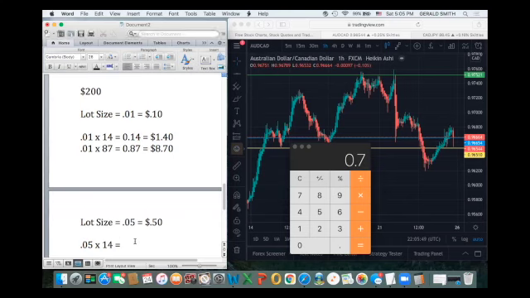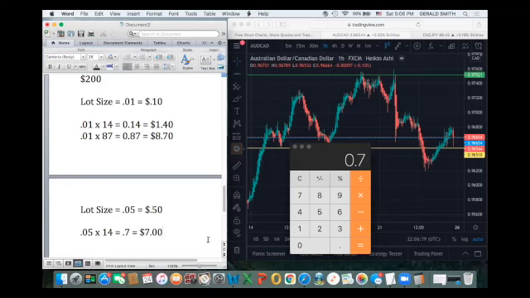That's 0.7, which will equal, moving the decimal point to the right, you'll be risking $7.